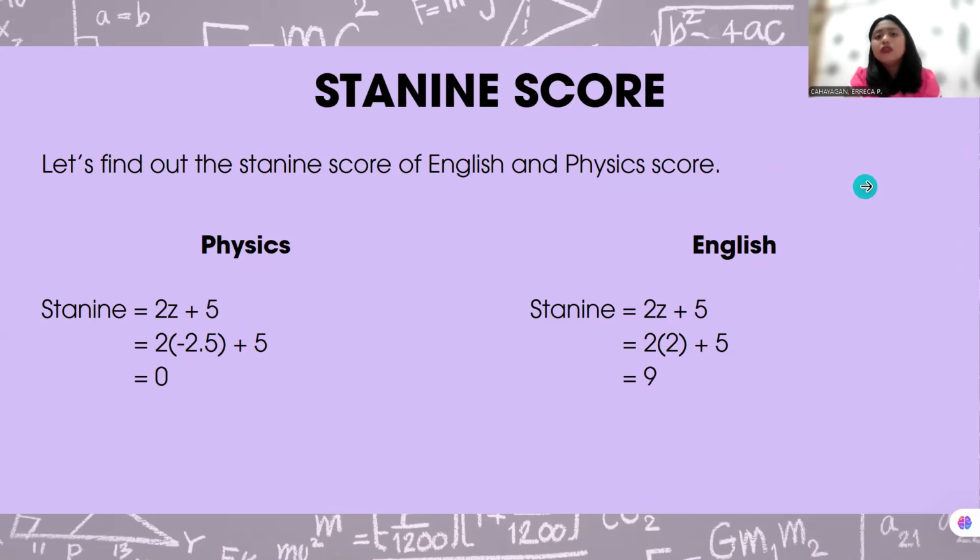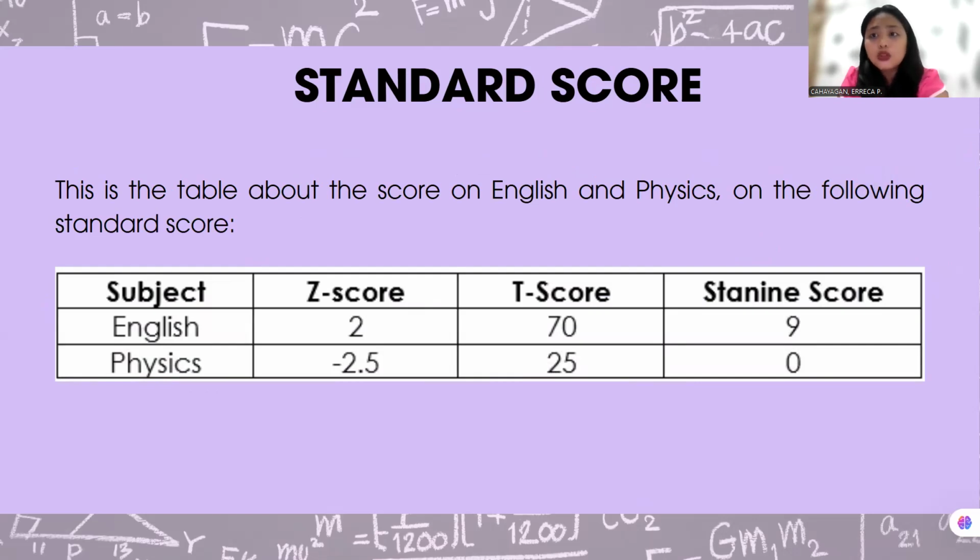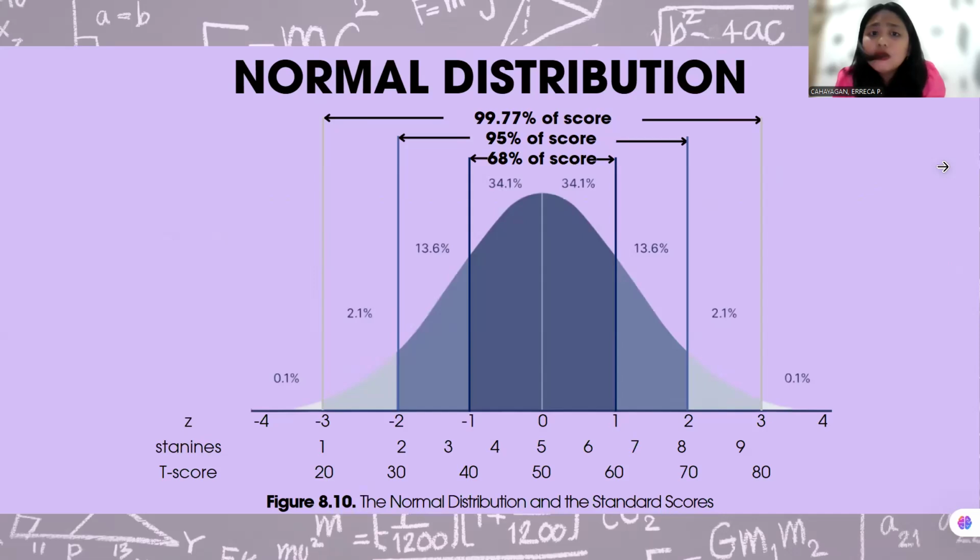So this is the table about the scores of English and physics on the following standard scores. We can see that your scores in English are the following: Z of 2, T of 70, and stanine of 9. While in physics, negative 2.5, 25, and 0. The 0 is already beyond the number 1. So this is the normal distribution of the following scores. We can see that your score never fell in physics.